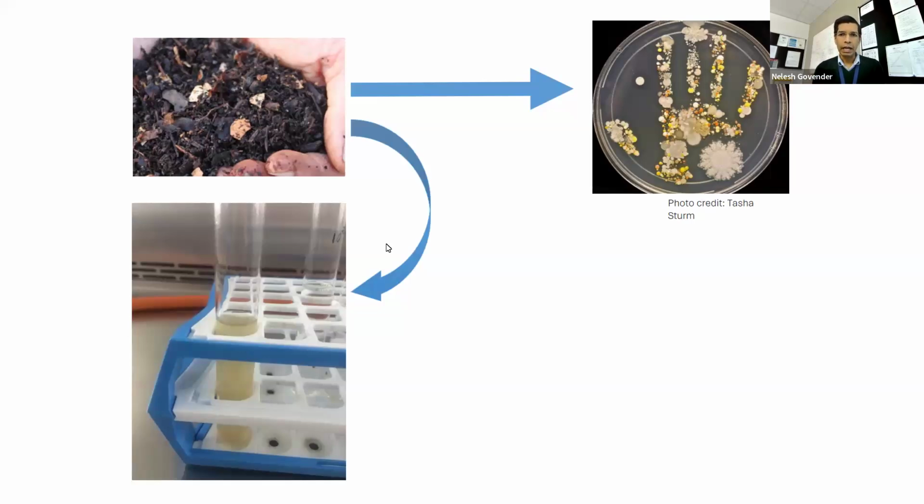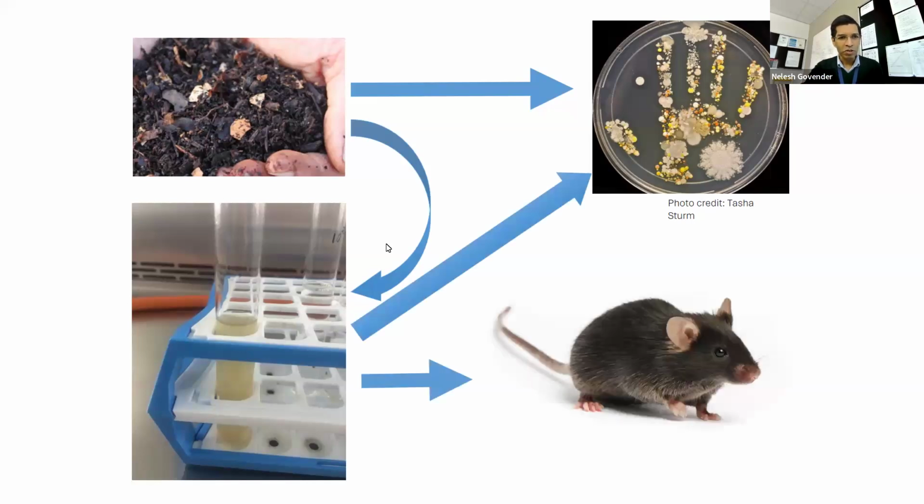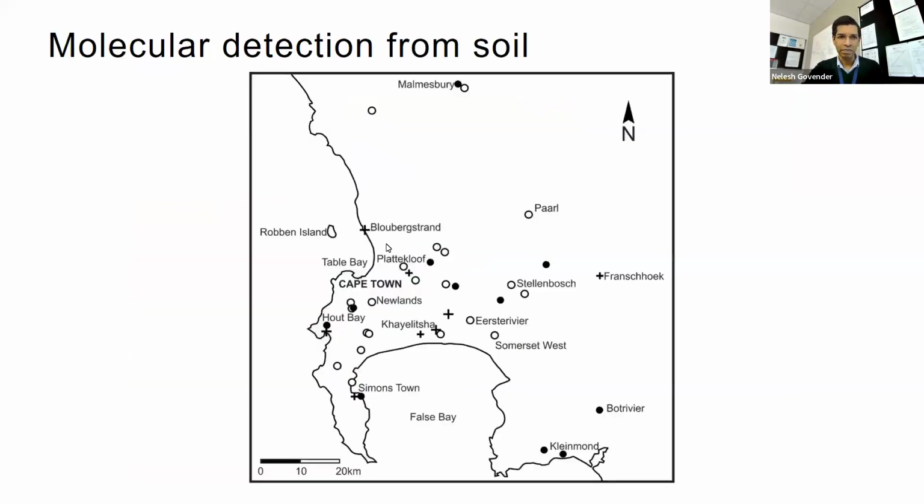But when the suspension was plated, it still demonstrated the presence of the contaminants, so that didn't really help. We also tried passaging the soil suspension through mice, and then we cultured their spleens and livers after 2 weeks. But that didn't work either, unfortunately.